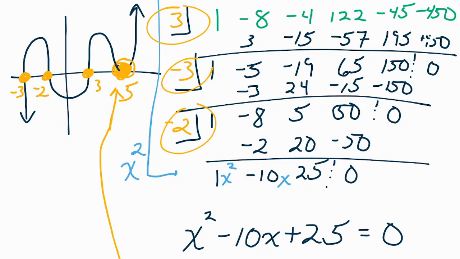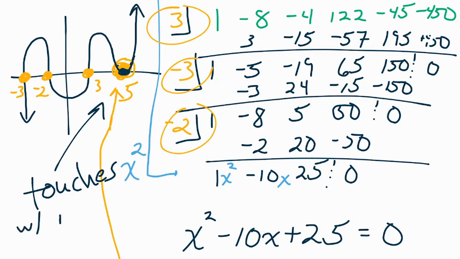Do you see how the graph comes down and then goes back up? You're trying to say that it touches at 5. And that's because it had a multiplicity of 2. So again, when I have a multiplicity of 2, how do I want to write this? It touches because of a multiplicity of 2.